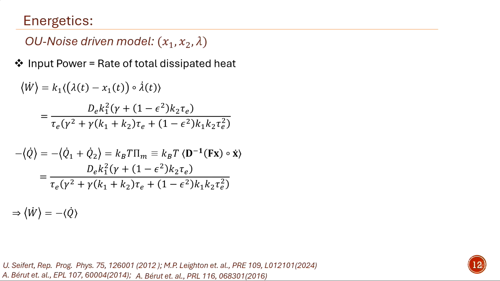Here we estimated the rate of total dissipated heat through the medium entropy production rate, because if we use Sekimoto's analysis in every degree of freedom like x1 and x2, the total heat we get will not be exactly equal to W dot. So then we get this apparent violation of the first law. To get the actual heat, we need to go by this medium entropy production rate, which matches.